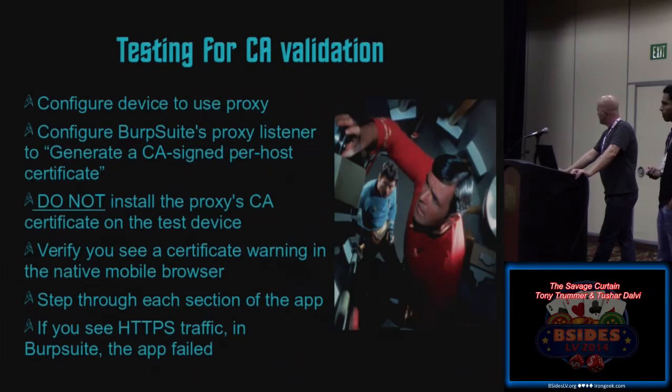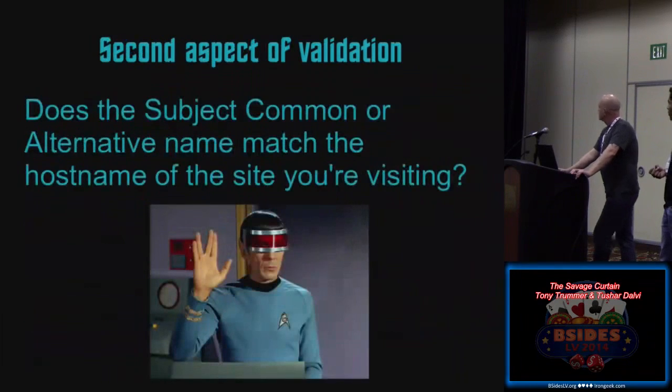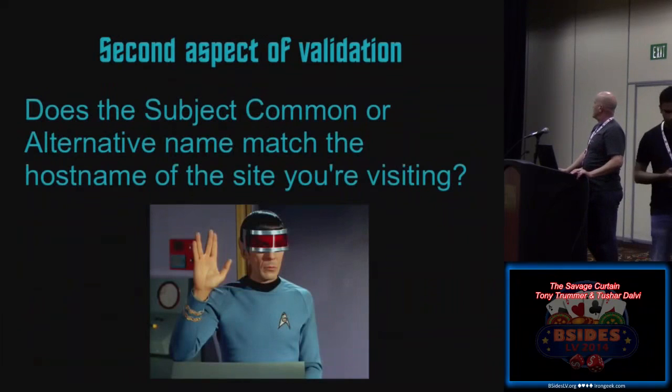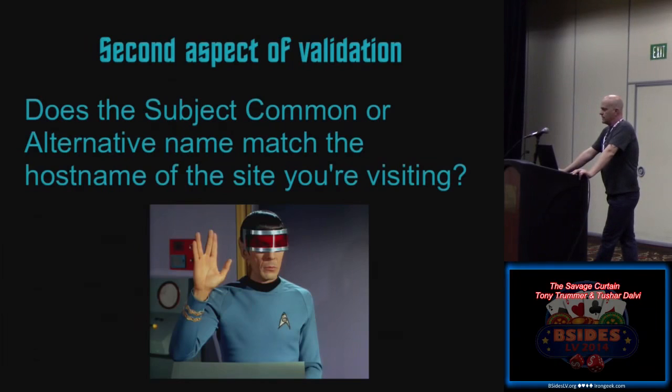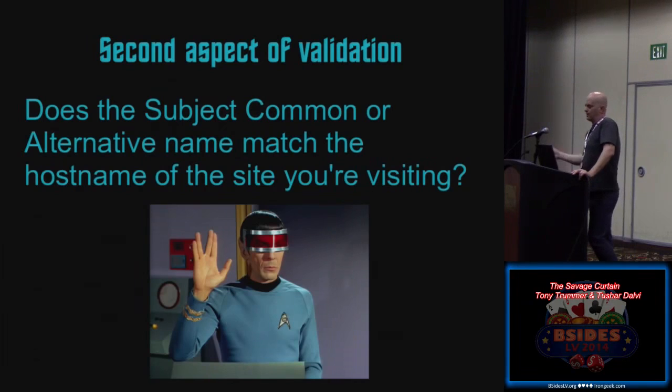So of course, after looking at these, we wanted to see, well, what else could go wrong? We sort of just stepped down the certificate validation chain, right? What would you do next? The second aspect of validating certificates is basically, does the subject common name or alternative name match the host name of the site that I'm trying to contact? This entire trust model falls apart if anybody could go to, let's say, Digicert and get foo.com, and then your app accepts it even though they're trying to go to google.com or whatever it is.